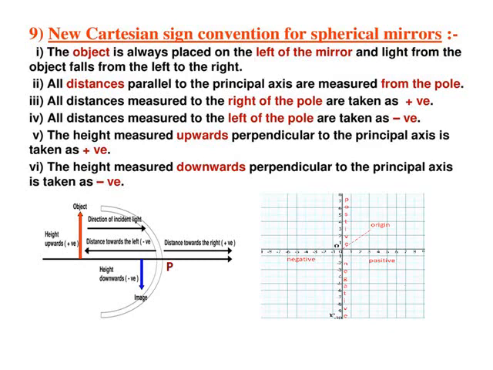The height measured upward perpendicular to the principal axis is positive. The height measured downward perpendicular to the principal axis is taken as negative. So this positive and negative becomes easy when you compare it with your ordinary graph. Okay.